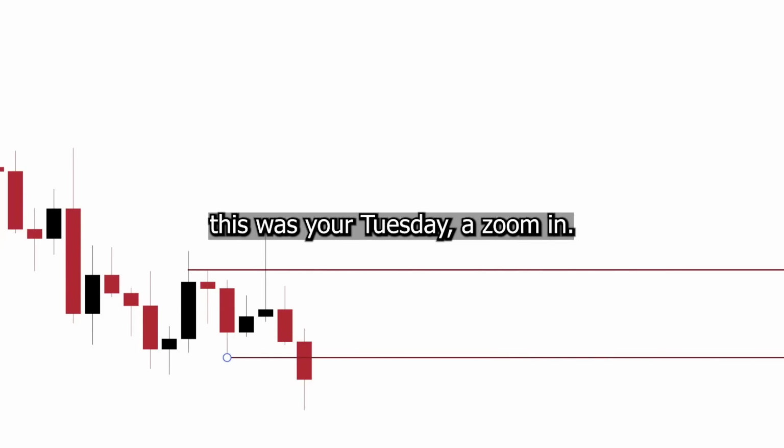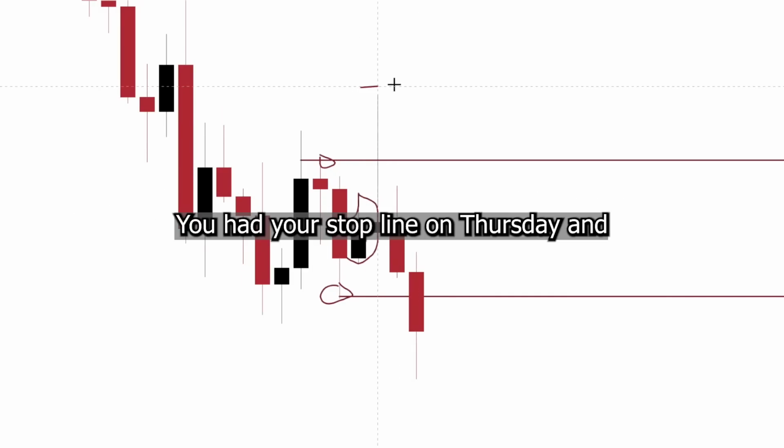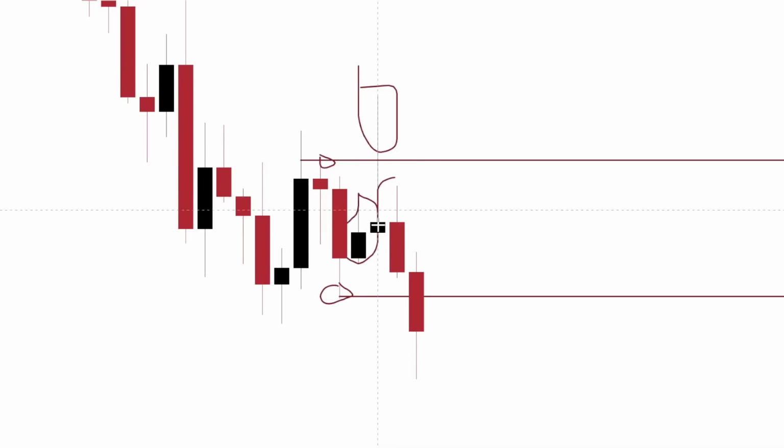This was your Tuesday. Let's zoom in. So you had your high here. You had your low right here. Wednesday was what? Your consolidation day, which is your trap day. You had your stop hunt on Thursday and closed inside, and then you had your red candle.